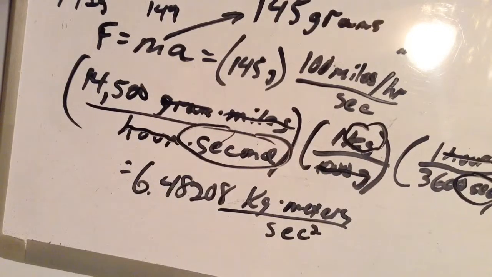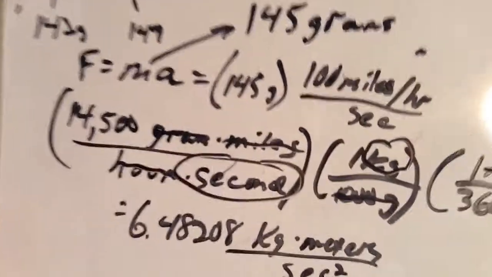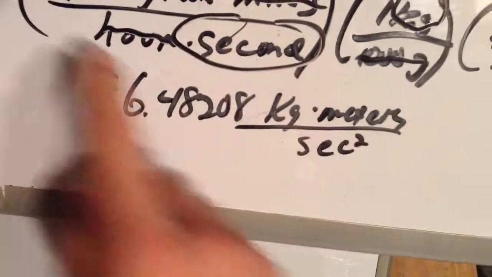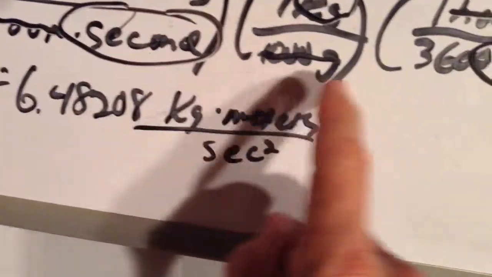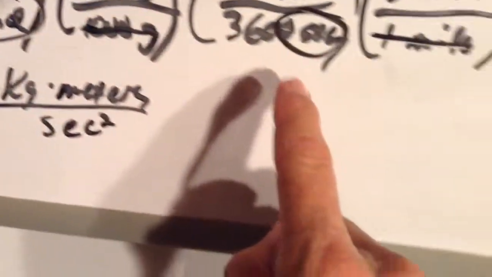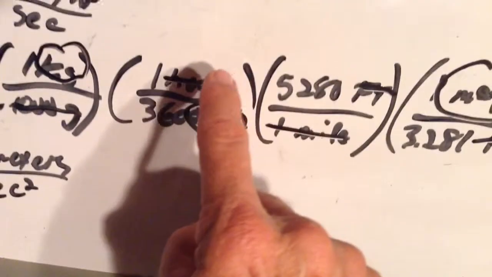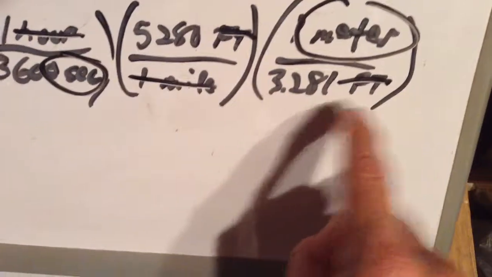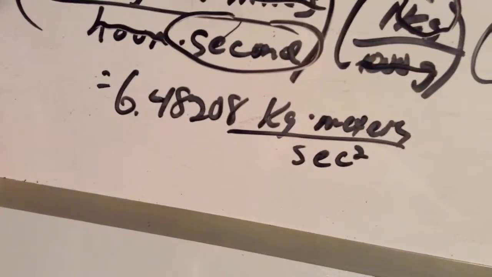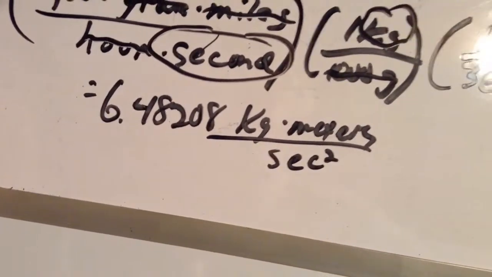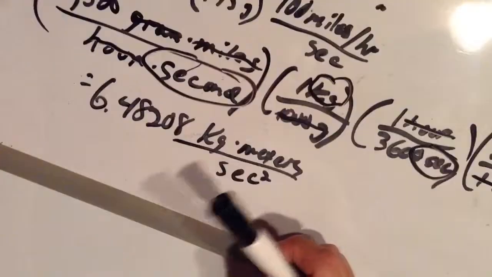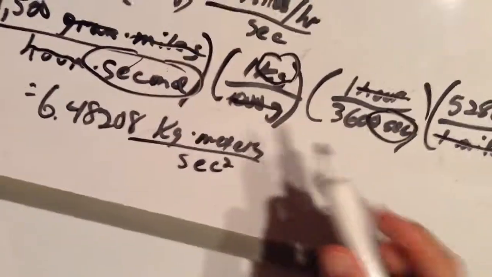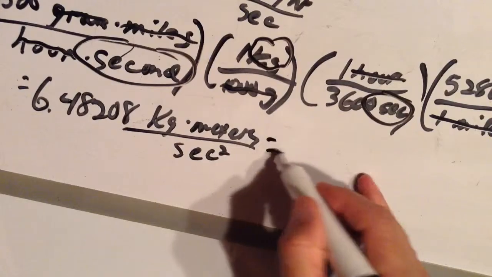If you multiply 14,500, divide by 1,000, divide by 3,600, multiply by 5,280, and divide by 3.281, you ought to get 6.48208 newtons. A kilogram meter per second squared equals a newton.